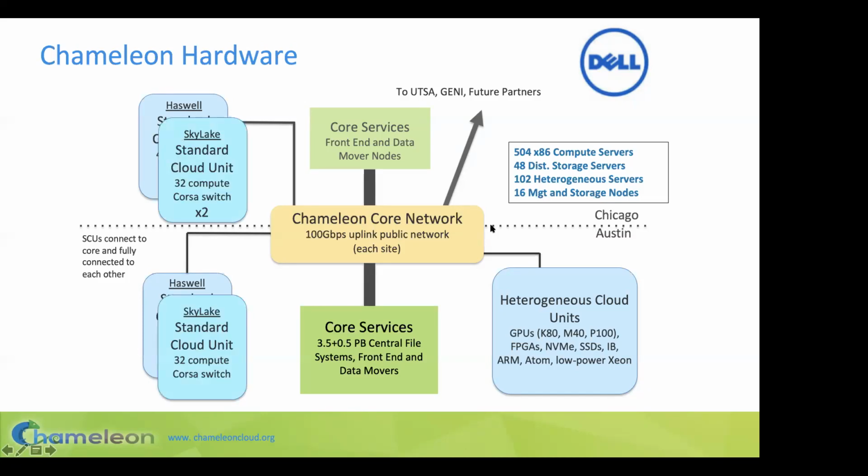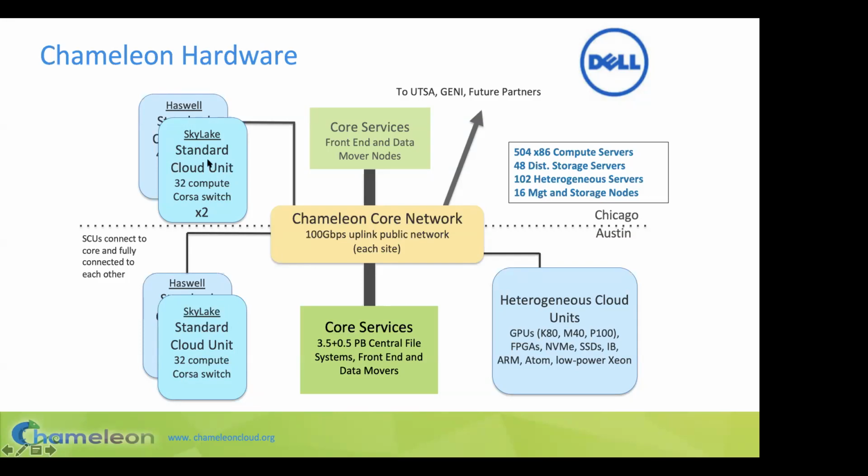During phase 2, and this is important for this particular webinar, we added some specialized hardware to do more interesting networking features, and you can run networking experiments on it. In this case, we added 2 racks of Skylake nodes in Chicago and 1 in Austin.